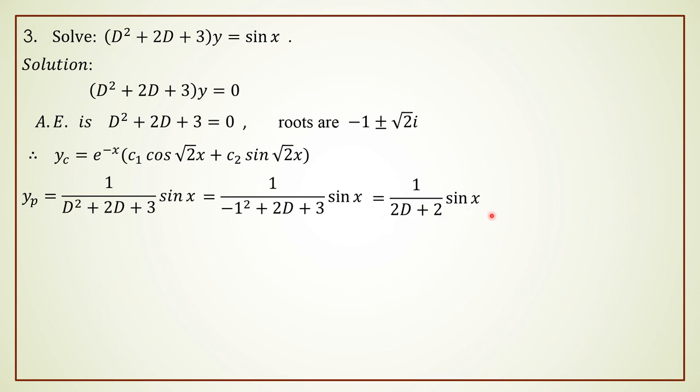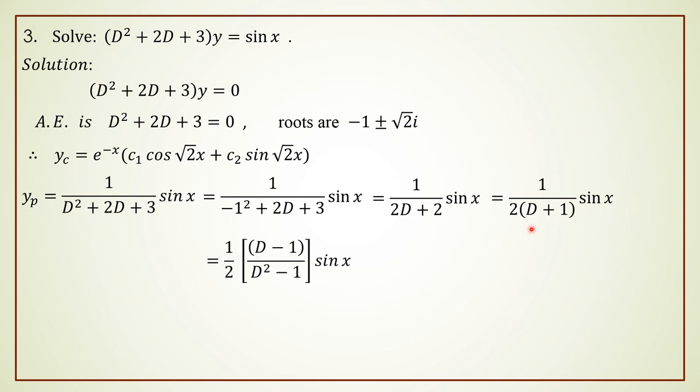Take 2 common so that it becomes 1 by 2 into D plus 1 acting on sin x. Now let me multiply and divide by D minus 1, so that the equation reduces to 1 by 2 into D minus 1 divided by D plus 1 into D minus 1. It is of the form a plus b into a minus b, so it is a square minus b square, or D square minus 1.